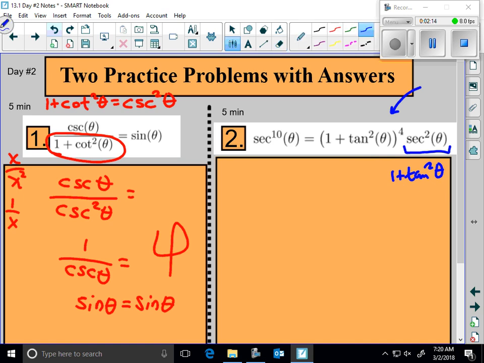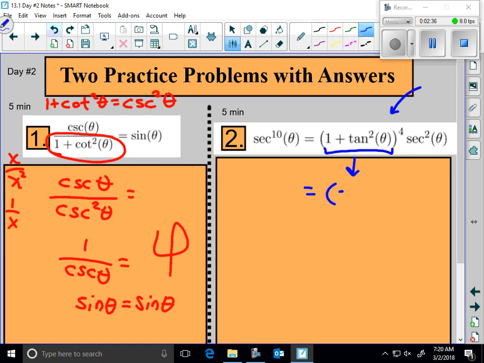conveniently, check this out. Secant squared theta equals 1 plus tangent squared theta. And that looks like a 1 plus tangent squared theta. Now, there are some hidden clues here. If you look on the left side of this equation, what you'll notice is that we're looking to get it in terms of secant. So I would say this is the best way to go.